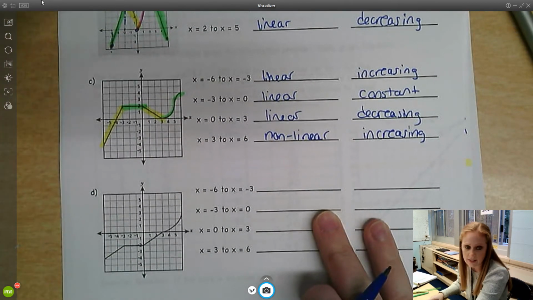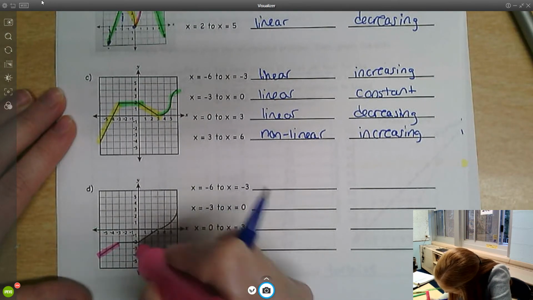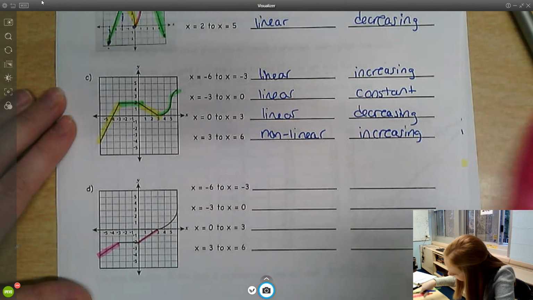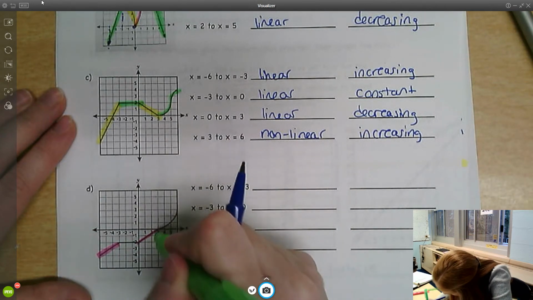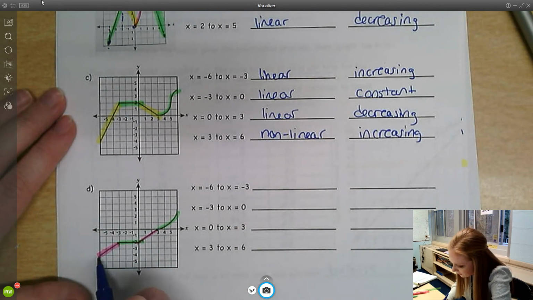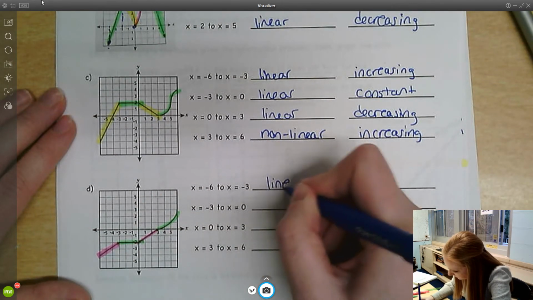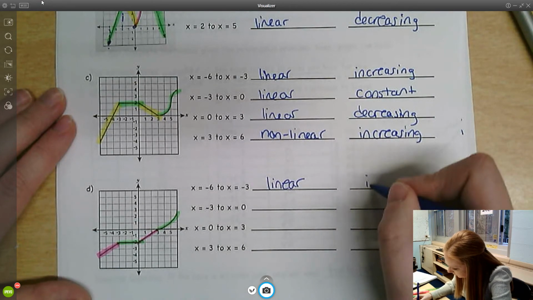Okay, and let's look at D. All right, so I'm just going to highlight our first stretch, our second stretch, our last stretch, and our second. Okay. From x is -6 to x is -3, we have a straight line, and it is increasing.